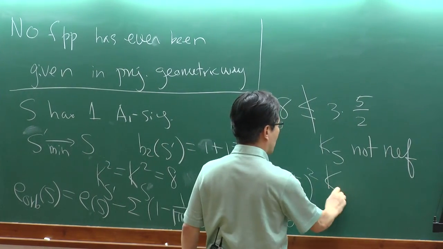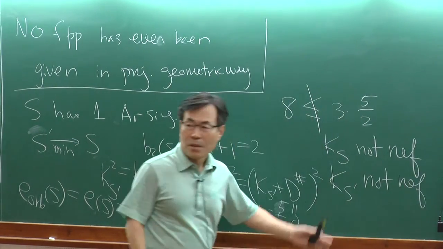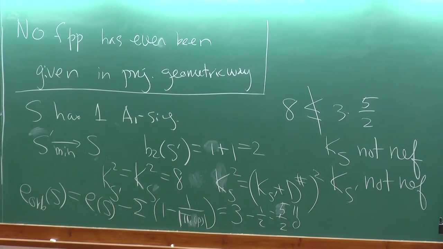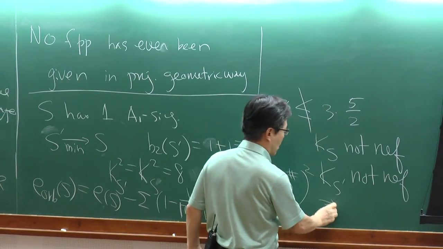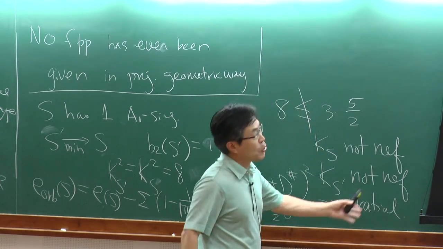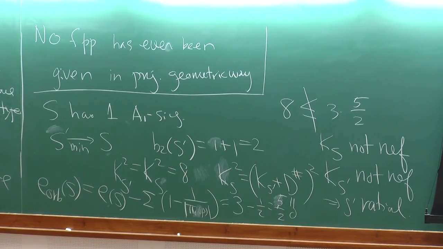In other words, K_S prime is not nef. So it cannot be of general type, so you can show that S prime is rational. Eventually, it's equal to only one singular quadratic.